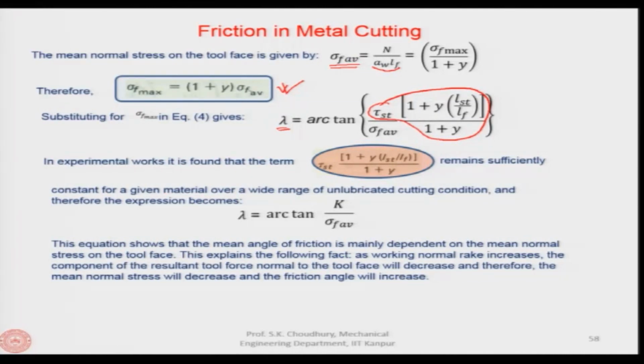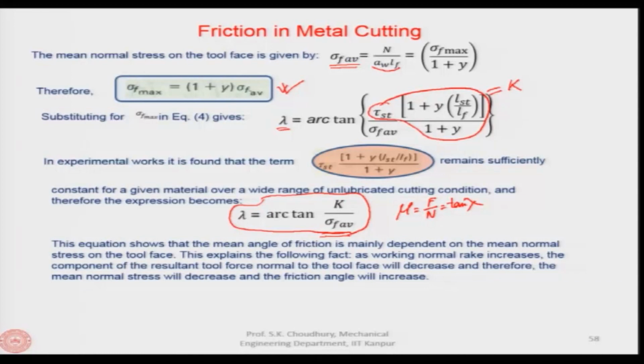For a given material over a wide range of unlubricated cutting condition, and therefore, this expression becomes lambda is equal to arc tan, which is constant, let us say this is some constant k divided by sigma f average. So, this is how we can actually express the friction angle or the coefficient of friction. This is the same thing, because we said that the F by N is this and this is the tan of the lambda. Okay. So, lambda is the arc tan of F by N.